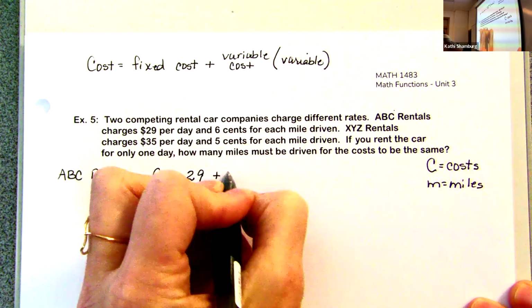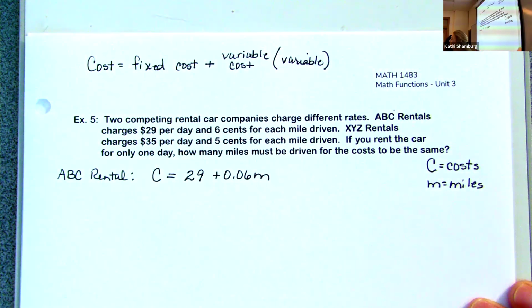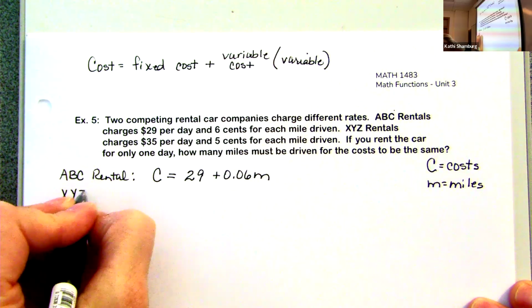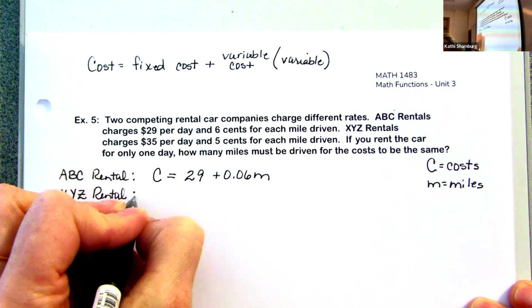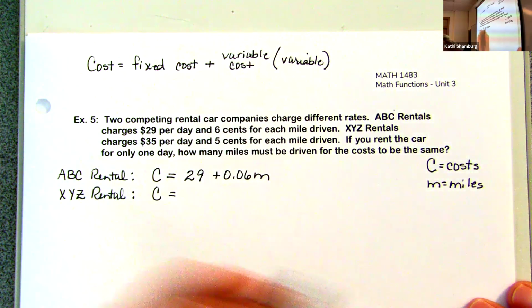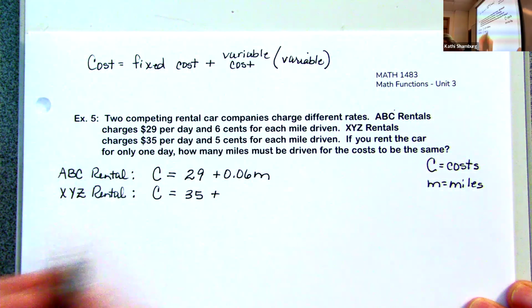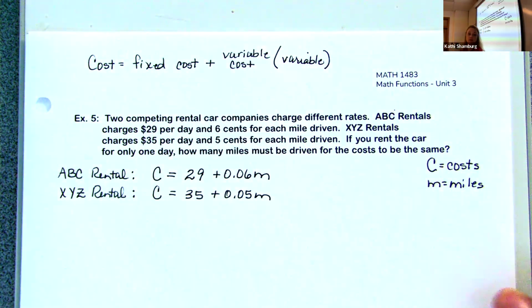So I'm going to add that I'm also charged 6 cents per mile. Now we're going to do the same thing with XYZ Rental. Again, we're looking for cost. What was the fixed cost for XYZ? Now it's 35. And what's the variable cost? And that's 0.05, y'all, not 0.5. That's 50 cents.